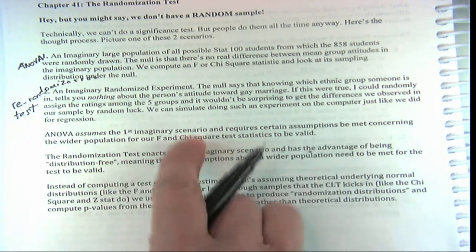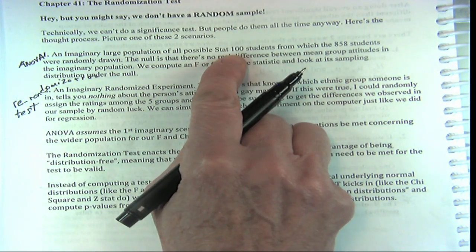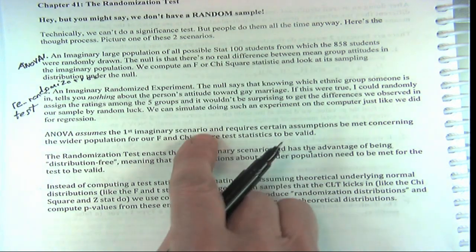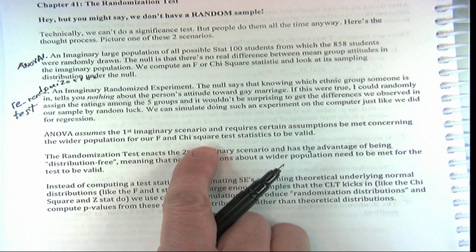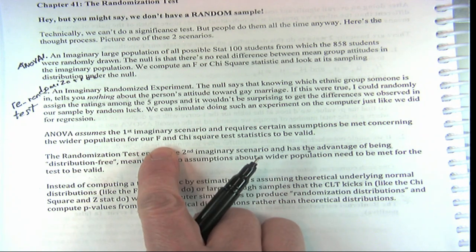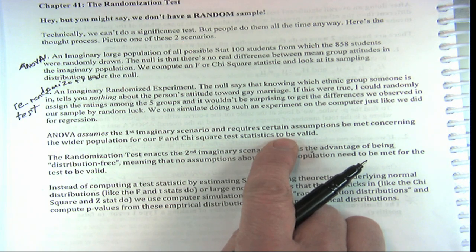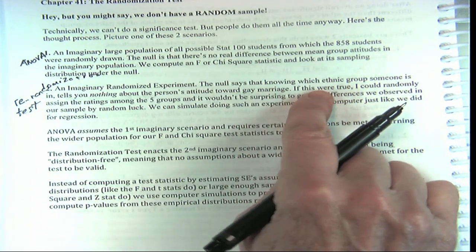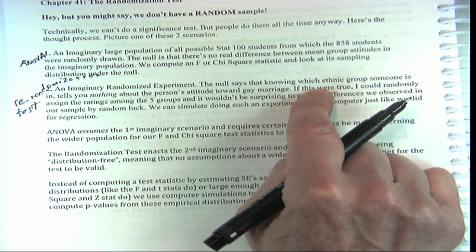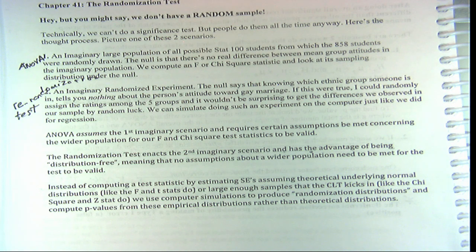All those assumptions are because we're imagining this scenario, right? And if the assumptions don't hold, then these F and chi-square tests really aren't valid. So it's always good to know how to do it this way too, to check the two, compare, just have a tool chest of ways.